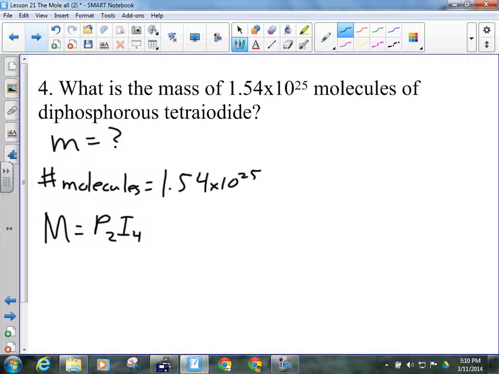It's a molecular compound, so I do not reduce those numbers. If it was an ionic compound, I obviously wouldn't leave it as 2 and 4, but this is a molecular compound. The prefixes told me these are the numbers.